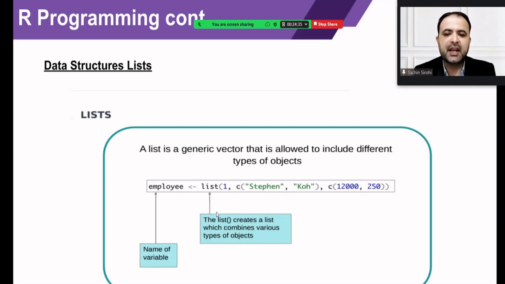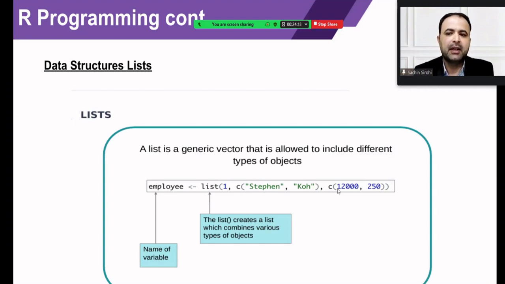A list is a generic vector that is allowed to include different types of objects. Now we have a list. So list creates a list which combines various types of objects. Now it is one, it is again a vector, and again it is a vector. So list is a generic vector.